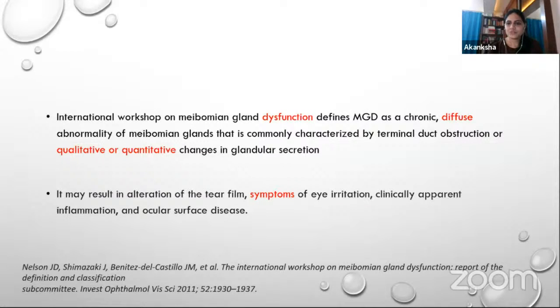Why they called it diffuse was because if there's a localized obstruction, what we see clinically as chalazion, that can occur, but you would not have an ocular surface problem because of that. And they also added in the definition that it can result in alteration of the tear film and symptoms. So the patient would be usually symptomatic with eye irritation, clinically apparent inflammation, and ocular surface disease.